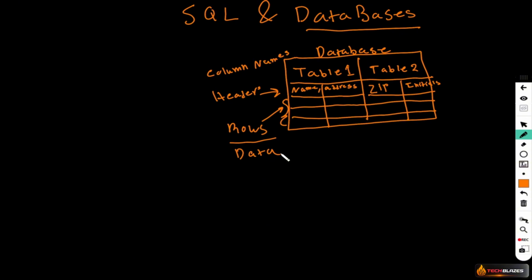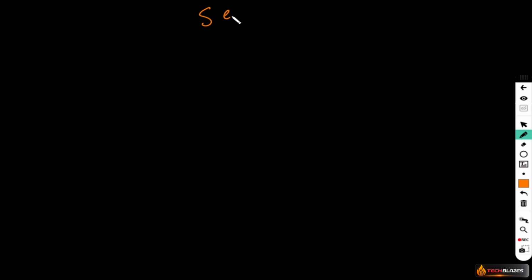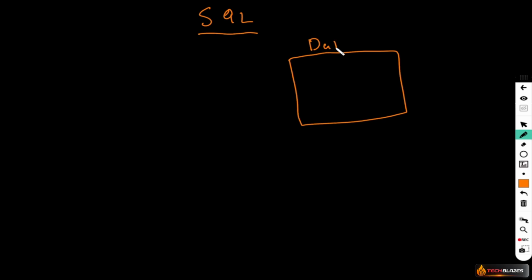Cool. So now that you sort of know what a database is, let's talk about SQL, or the structured query language. SQL is the way that you communicate with the database, right? So let's say, again, we have our database here, and there's one table, and in the table there's a first name column, sorry.